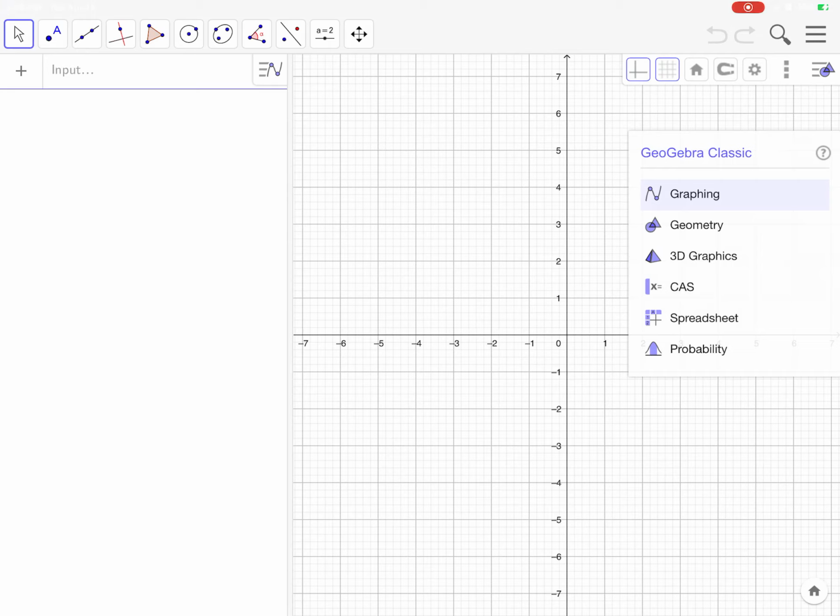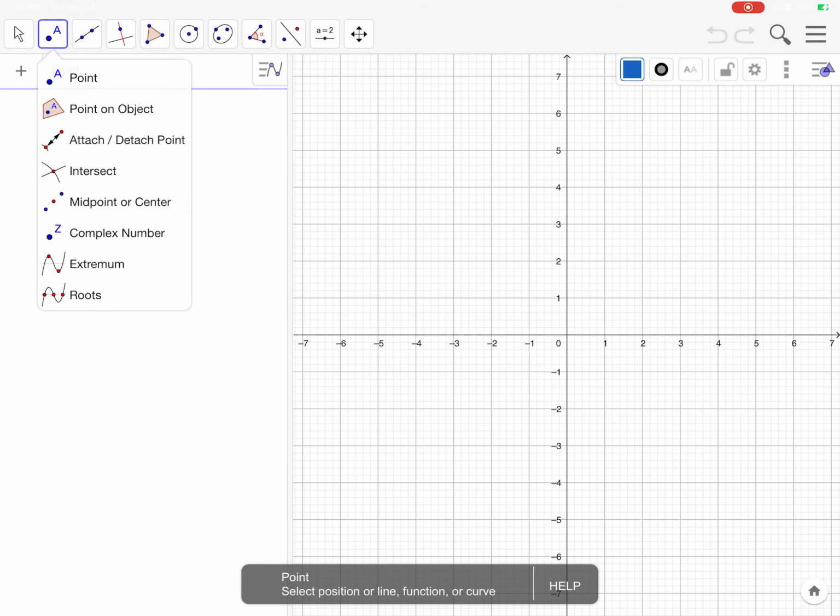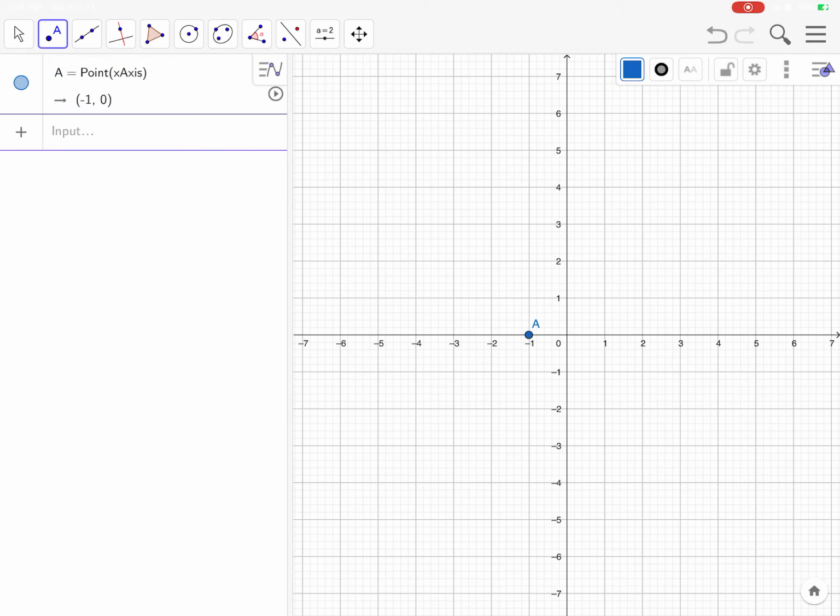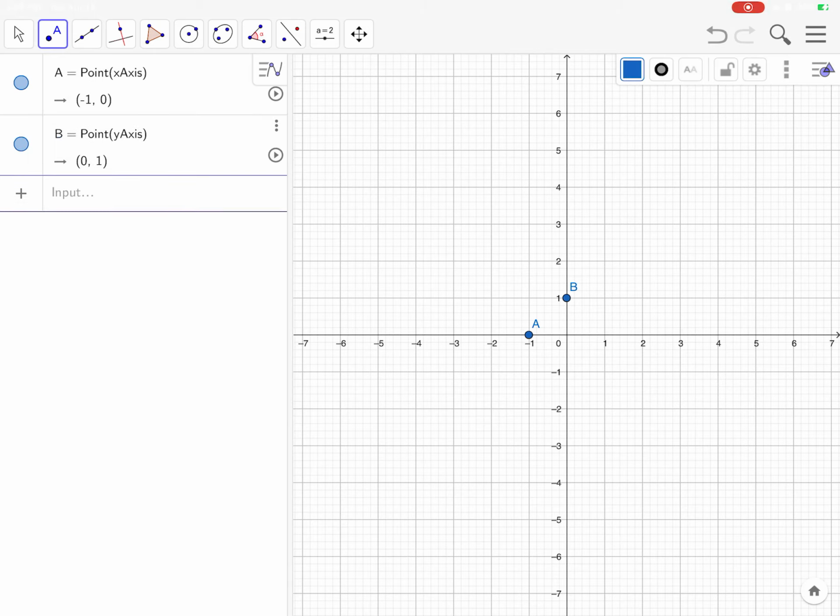GeoGebra is the worst in terms of actually saving what you make. This semester with GeoGebra has been a fight. Anyways, I want to create 3 points. And those points were -1, 0, 0, 1, and 1, 4.